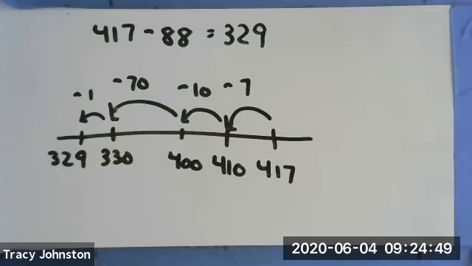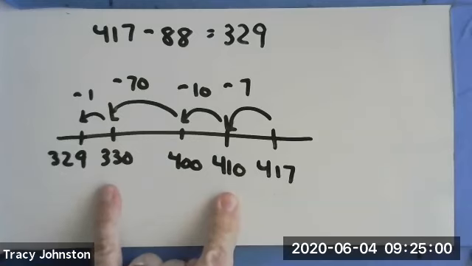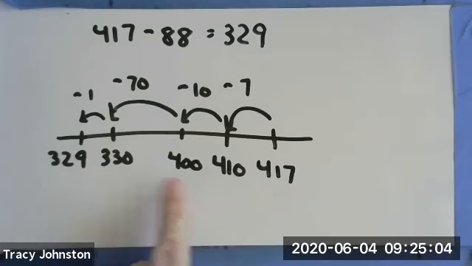And this open number line method is really handy because it allows people to work with their strengths. If they're comfortable in seeing from 410 to 330 in one jump, that's great. If they're not, they can take smaller jumps along the way to work with what they're comfortable with.